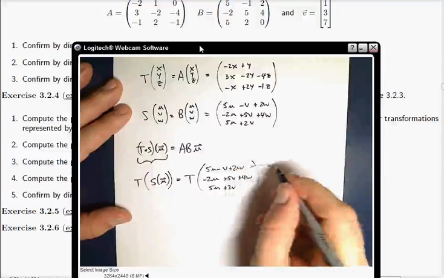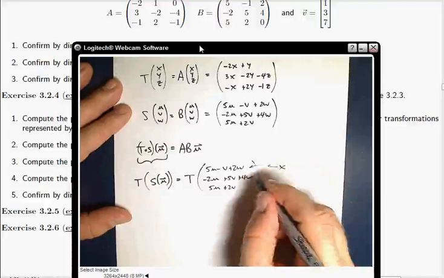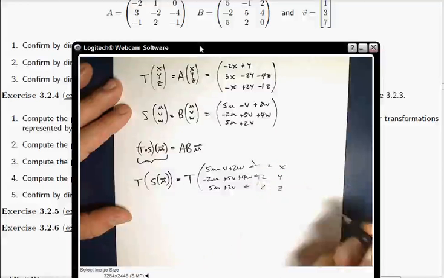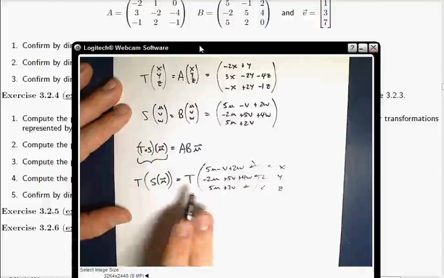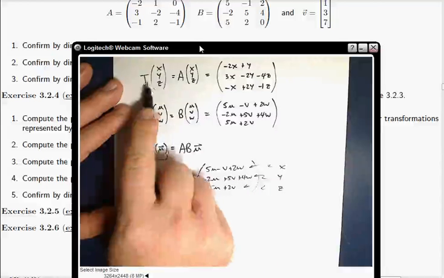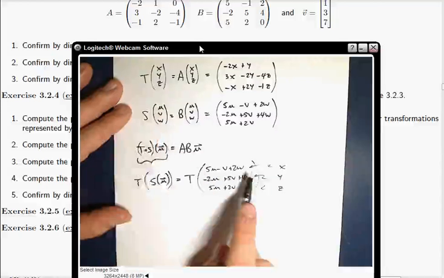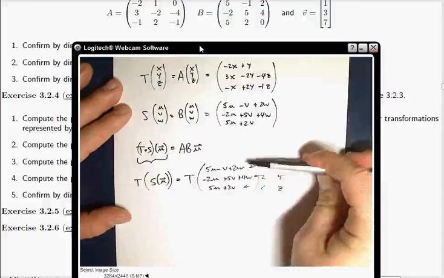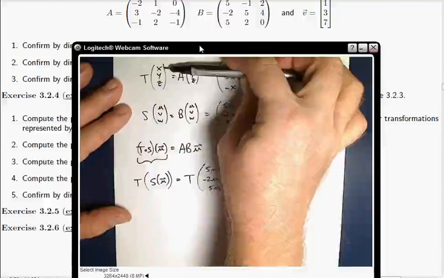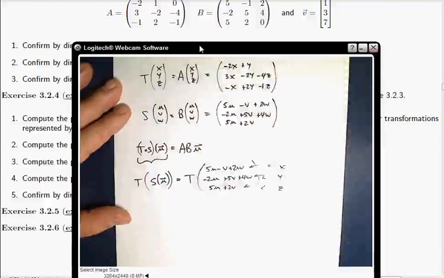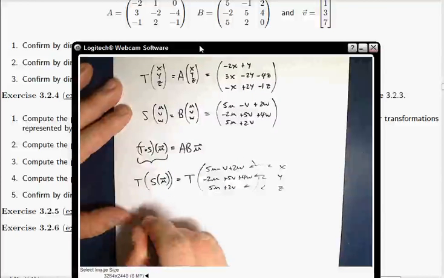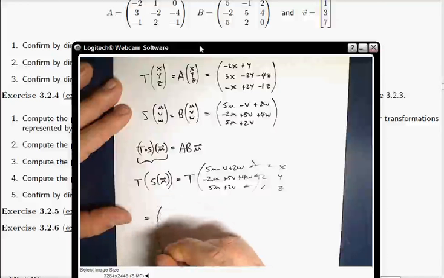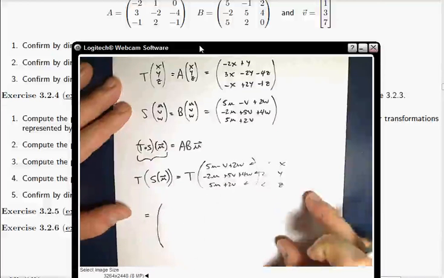This, by the way, is your X, that's your Y, and that's your Z, because these are the 3 things that I'm plugging into T. So when I plug these things into T, this is my X, etc. This is going to be a lot. Notice how I left myself a lot of space here.